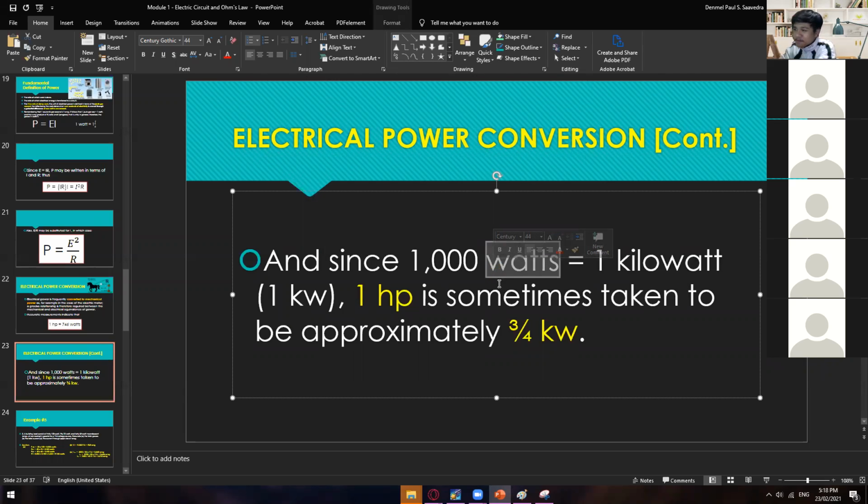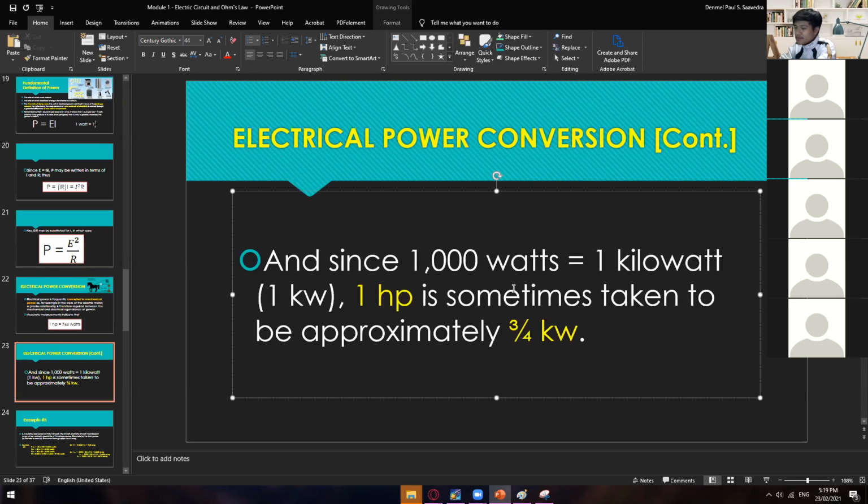Meralco, which is for Manila, is not going to measure your wattage usage in your home in watts. We use kilowatts, so in that case you have to convert 1,000 watts into 1 kilowatt.